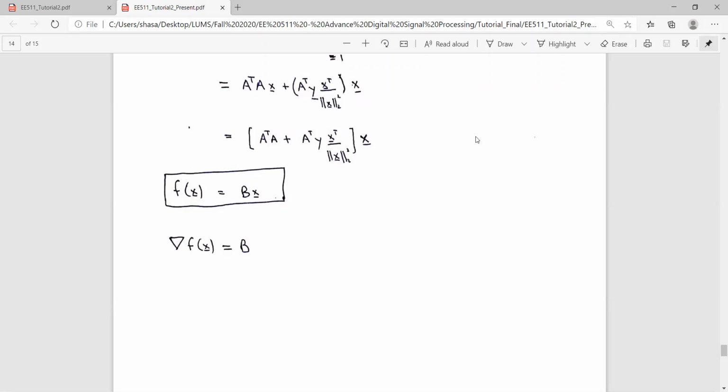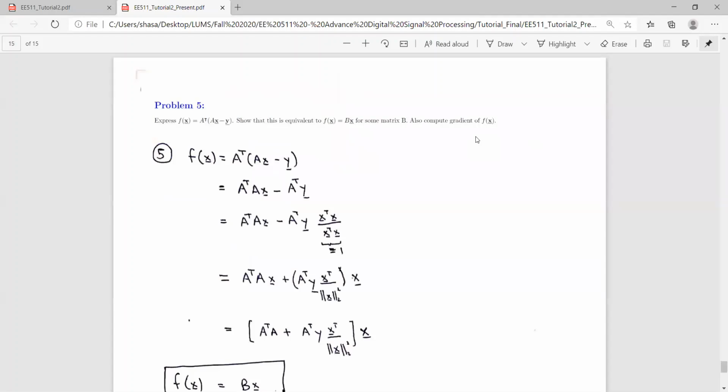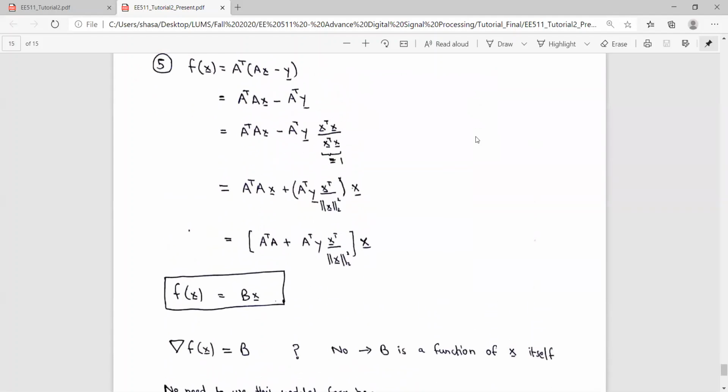Right, Mohsin. Well, this is a good observation, and this is something that we wanted to come to. Sometimes in matrix manipulation, you will go so deep into it that you forget where you came from. And these are the type of careless mistakes that you end up making. Here it is important to realize, as Mohsin mentioned, that B is a function of x itself.